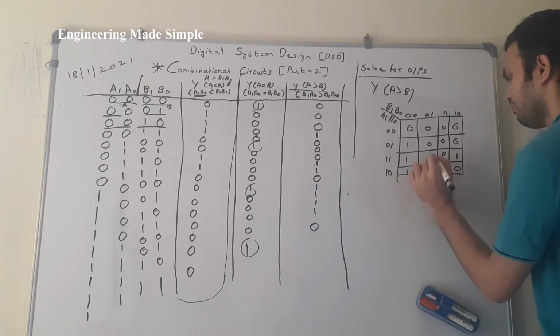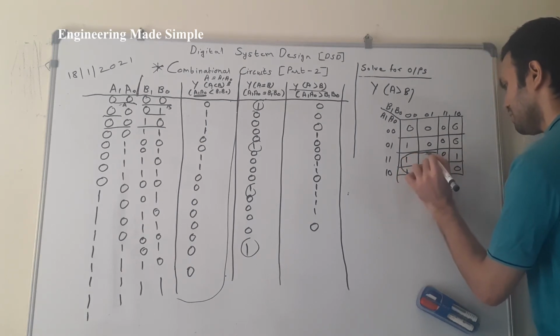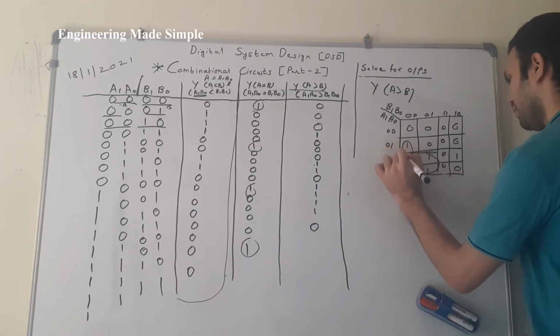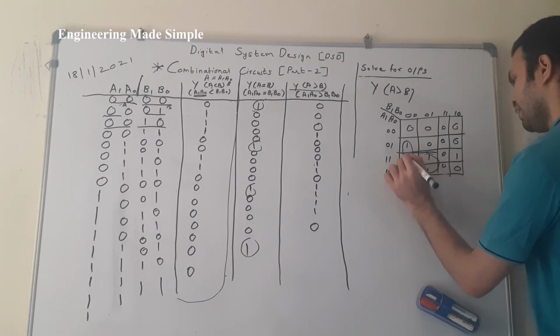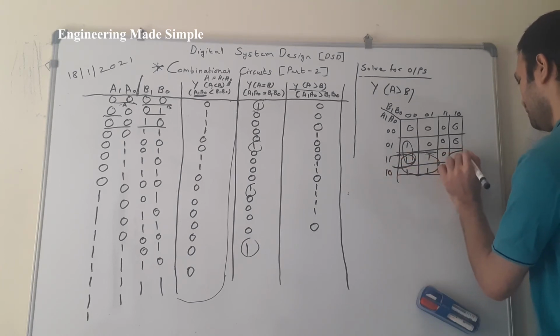Now let us see which ones can be grouped. This will form a quad over here, it is pretty straightforward. This will form a pair over here, and this one will also form a pair over here.